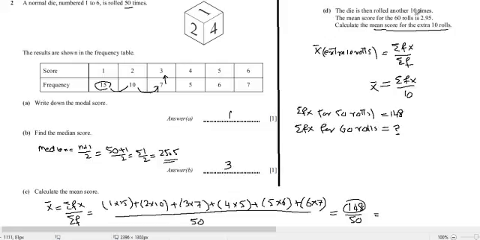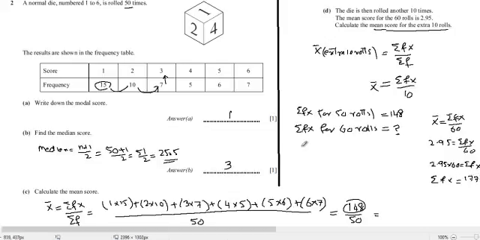So what we need is to find summation f of x for 60 rolls. Now the information is given here. If we apply it here, x bar equals summation f of x divided by 60, and the mean is given, that is 2.95. This information is for when we have 60 rolls. So summation f of x for 60 rolls we can find from here. 2.95 multiplied by 60 is equal to summation f of x, which results in 177.